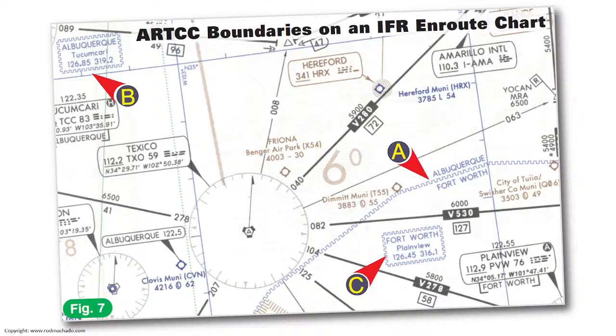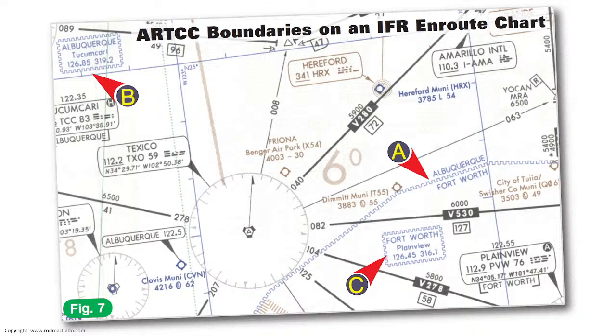So if you look on an IFR en route chart, which is what I pulled up on your thing, there's IFR low en route, that's below 18,000 feet, and IFR high charts above 18,000 feet. You see the little zipper looking thing there at A? That's the boundary between Albuquerque and Fort Worth Center. And then if you see a little postage stamp, it's got the same little zippery shape around it.